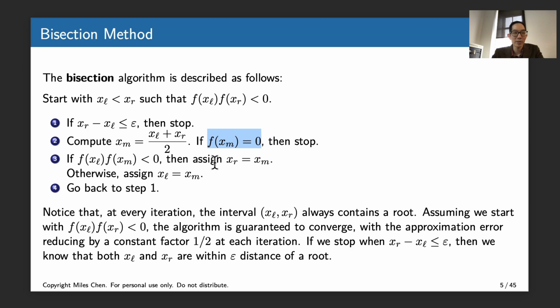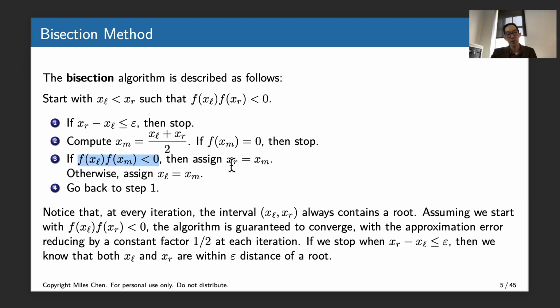Otherwise, you evaluate the function at the left side and at the midpoint, and then ask, do the left-hand side and the midpoint have opposite signs? If they do, then the root has to be between the left-hand side and the midpoint. But if they have the same sign, so that this product is greater than 0, then the root has to be between the midpoint and the right-hand side.